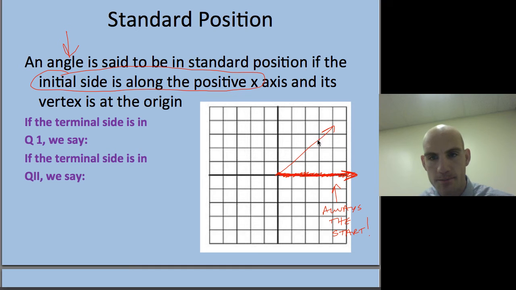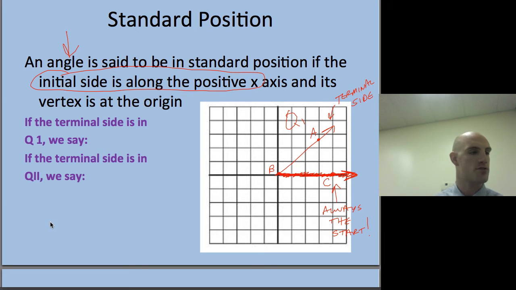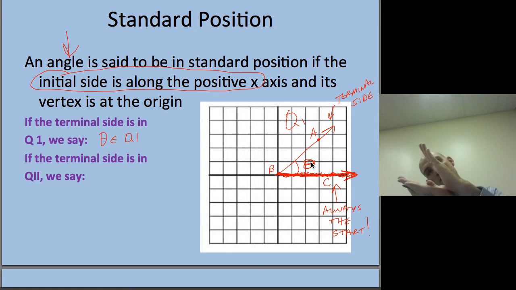And if I just label it A, B, C, angle ABC has an initial side that's the positive x-axis, and its terminal side is in quadrant 1. And if the terminal side is in quadrant 1, we would say, remember, this is theta. Theta is in quadrant 1 because all of that angle lies in quadrant 1 because that terminal side is in quadrant 1.